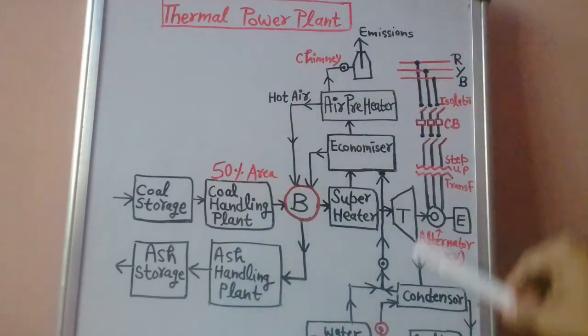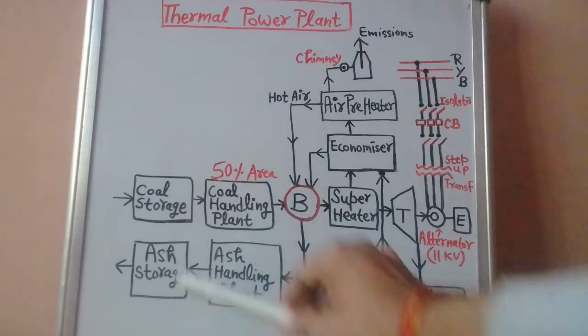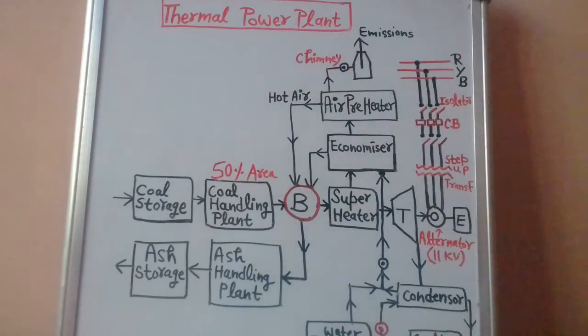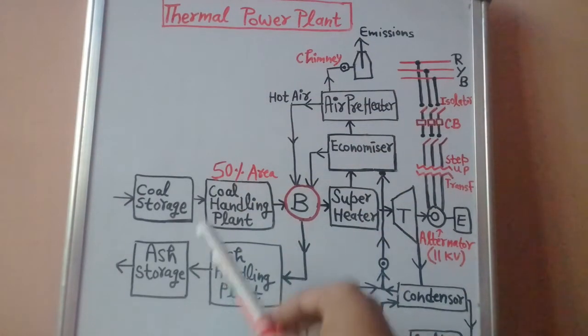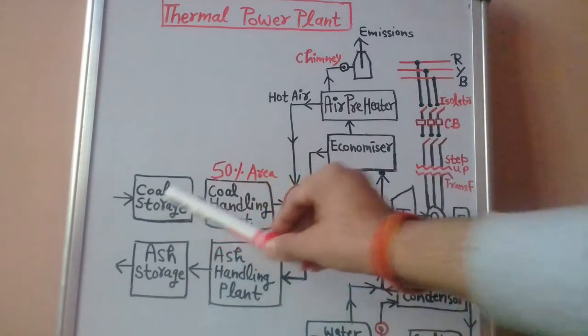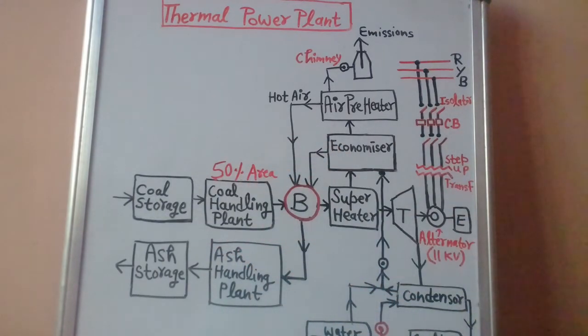This is a schematic diagram of a typical thermal power plant, and these are the various components which are connected. First of all, you should understand that major electricity production in India is achieved through thermal power plants, that means from coal based power plants.